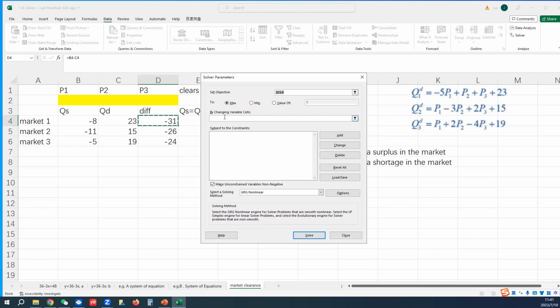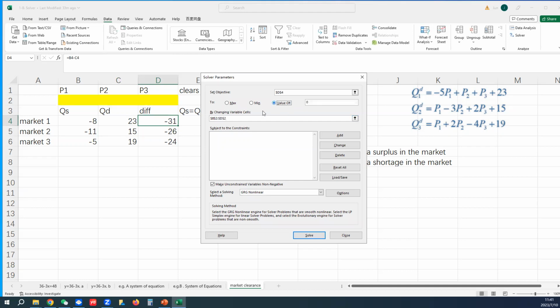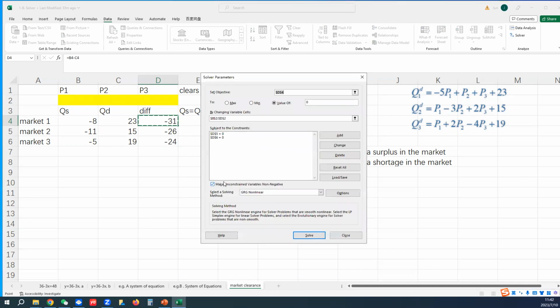Okay, so now what we need to do is we need to change those prices to make sure the first market clears at the same time the second market clears, meaning the difference between quantity demand and quantity supplied for the second market equal to 0, and the third market also clears. And here, because prices are non-negative numbers, so you can check non-negative.